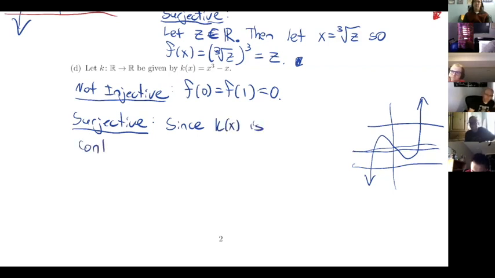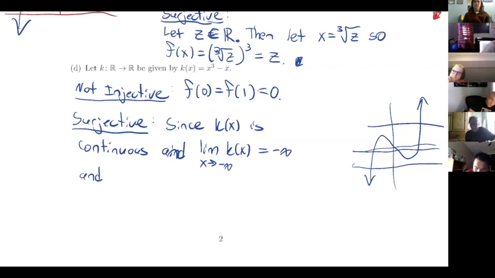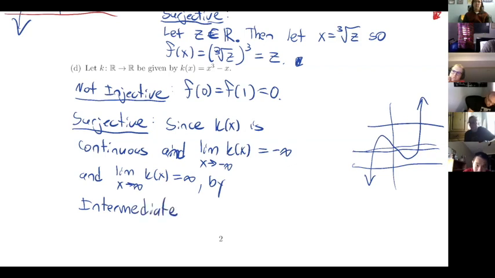since this function is continuous, and as x goes to negative infinity, we approach minus infinity, and as x goes to positive infinity, k of x approaches positive infinity. Really, what's going on here is we could use what's called the intermediate value theorem.